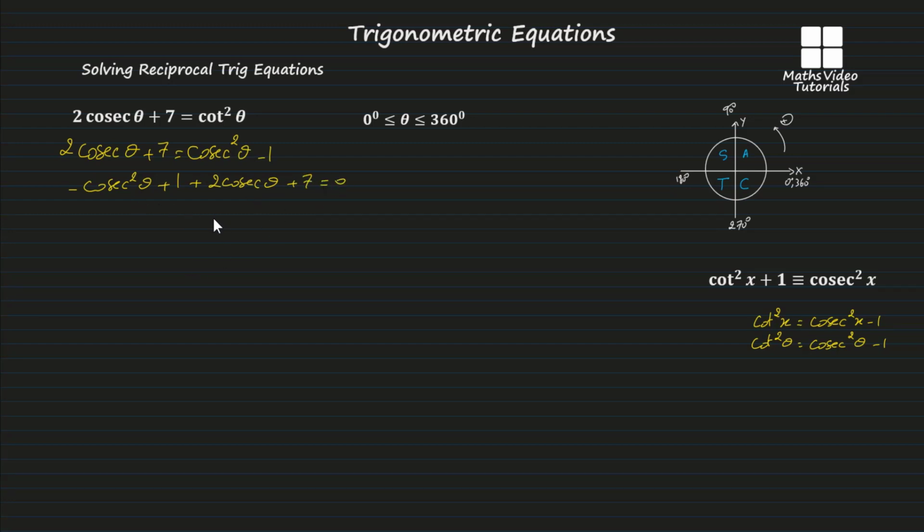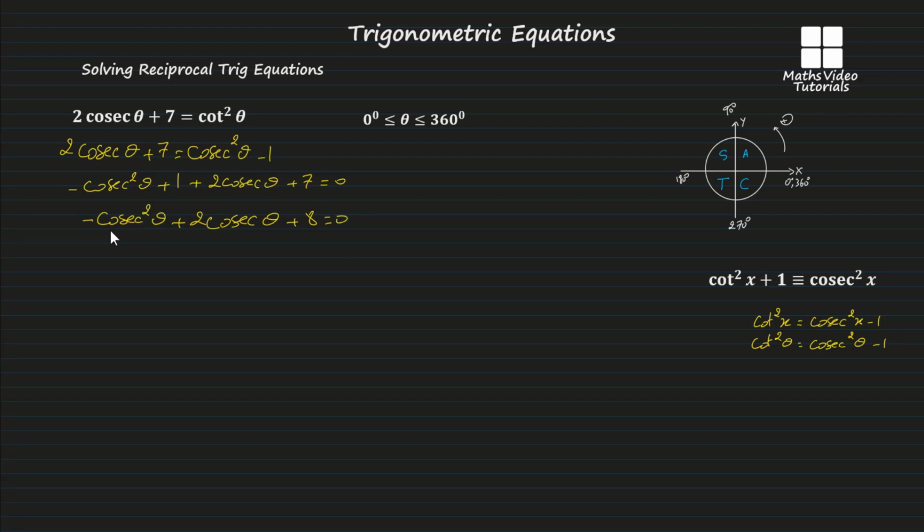What I have to do now is tidy up and collect the like terms. The only like terms are the number terms. 1 add 7 is 8. So we've got minus cosec squared theta plus 2 cosec theta plus 8 equals 0.